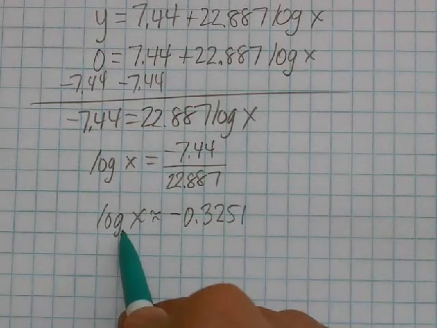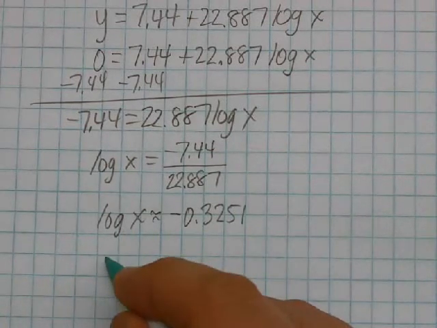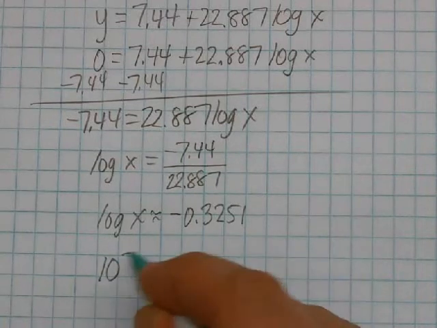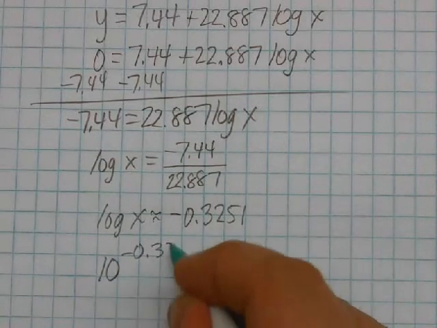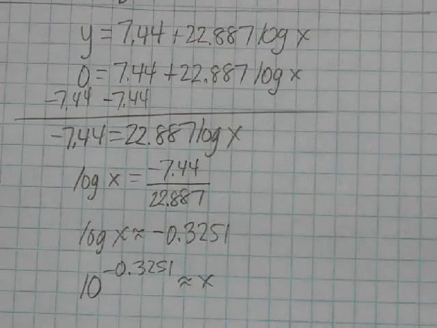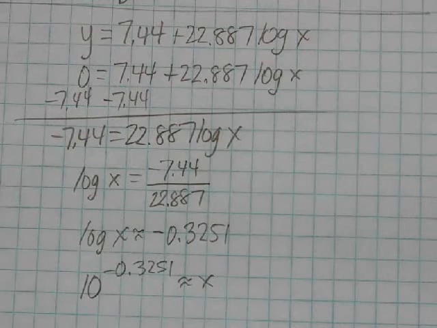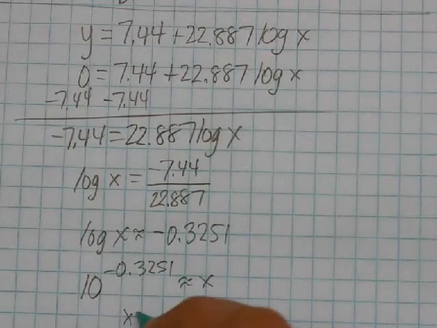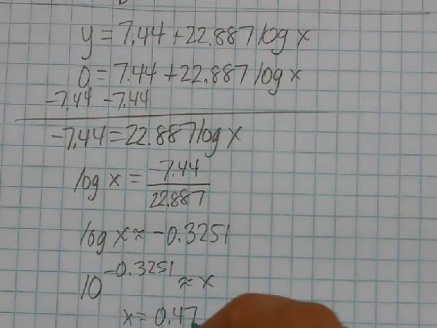To find x, we know that this is base 10. So 10 to the power of negative 0.3251 is approximately equal to x. We type that in, and we get about 0.473.